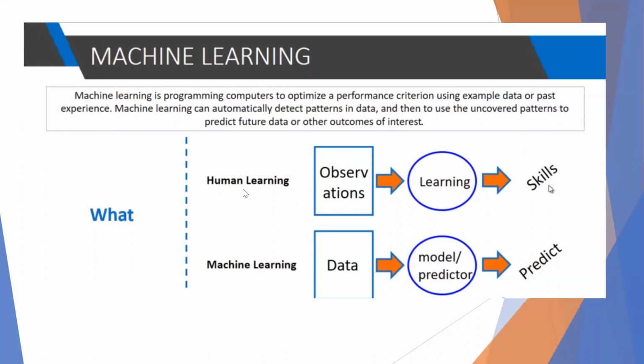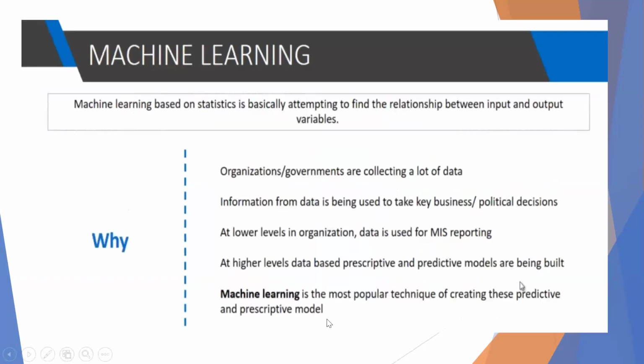Now, instead of humans, we are training our machines, our computers, to learn from the past data that we have today, which is freely available nowadays. A number of data resources are there. If you want data for a machine learning project, you can search Kaggle or the internet, or if you want real-time data, there are a number of resources as well. You can also create your own data.